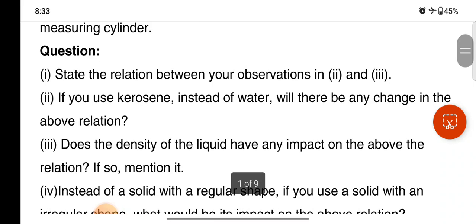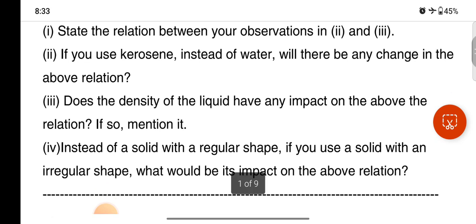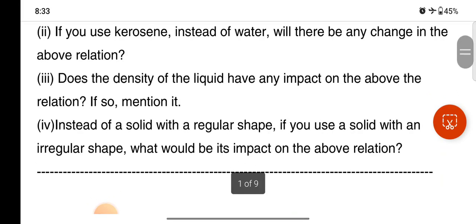Now question number first, state the relation between your observation in second and third. Second question, if you use kerosene instead of water, will there be any change in the above relation? Third question, does the density of the liquid have any impact on the above relation?